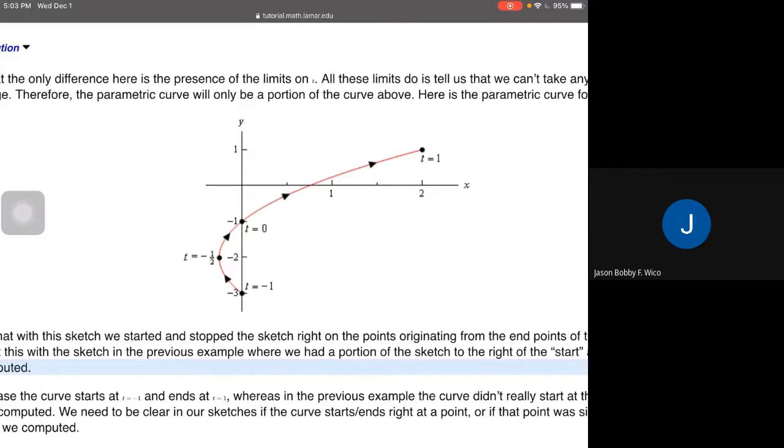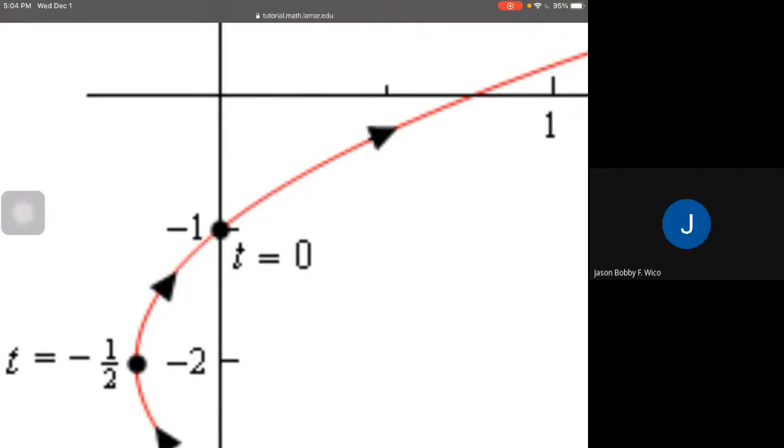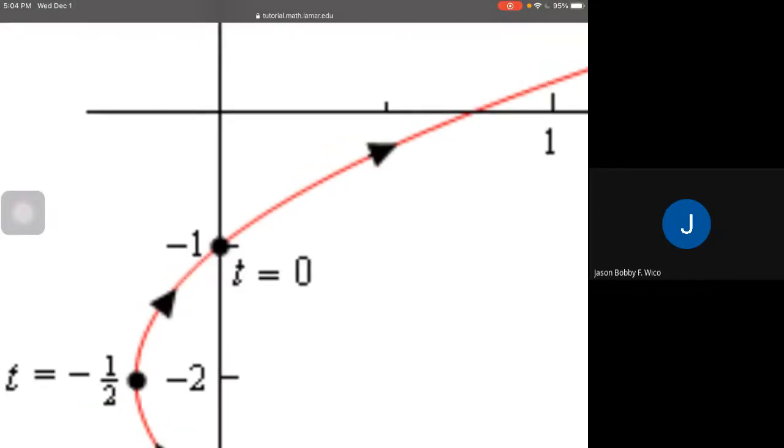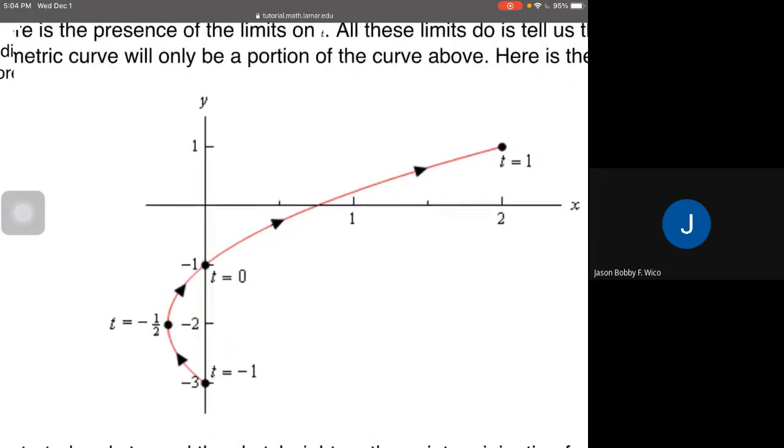So if I'm going to say t as time, at motion ito ng isang object or isang particle, at time equals 0, andito siya. Ito yung reference. At time equals 0, andito yung location ng object, at x equals 0 and y equals negative 1. After 1 second, nandito na siya. Ito na yon.